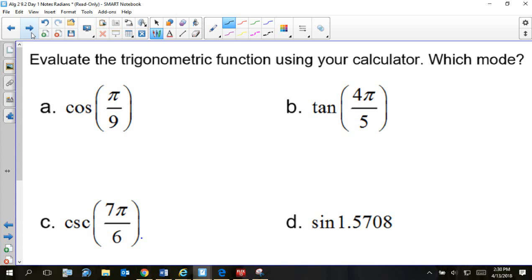Should we keep our calculators on degree or switch to radian? That's an excellent question. Is this a degree or is this a radian? How do you know it's not degree? No degree symbol. So the first thing you have to do is go to your mode on your calculator. Everybody do it. Go to mode. Change your mode to radian. If you don't change your mode to radian, you will get the wrong answer.